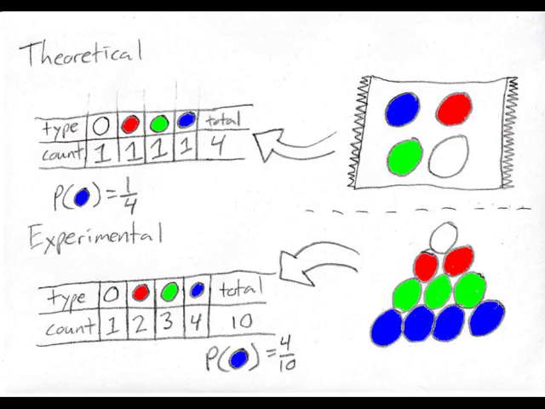Experimental probability is going to count the trials. 4 blue came out of 10 trials total, so the experimental probability for a blue being next is 4/10.